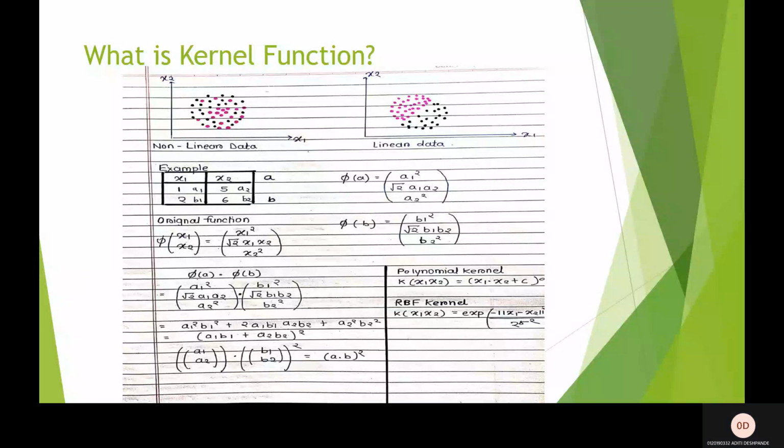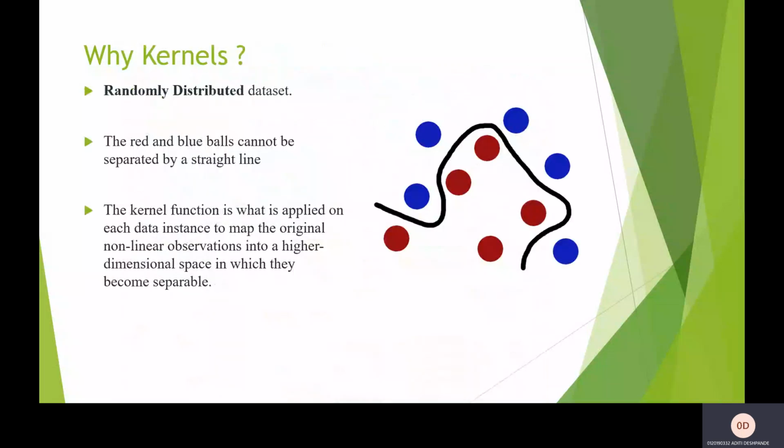Next, in this diagram, the red and blue balls cannot be separated by a straight line as they are randomly distributed, and this is the reality. Most real-life problem data are randomly distributed. In machine learning, a kernel is usually used to refer to the kernel trick, a method of using linear classifiers to solve a non-linear problem.